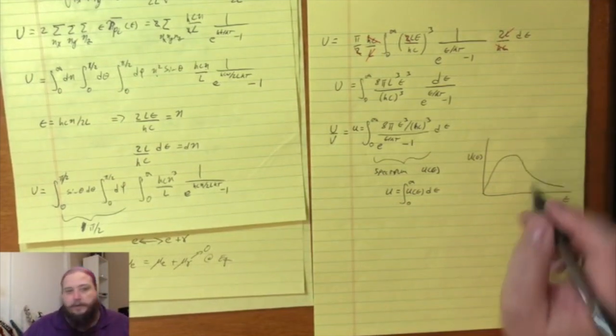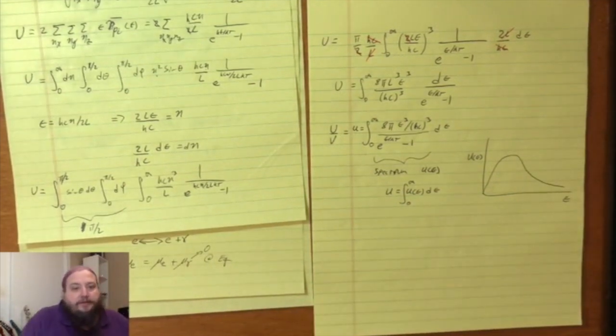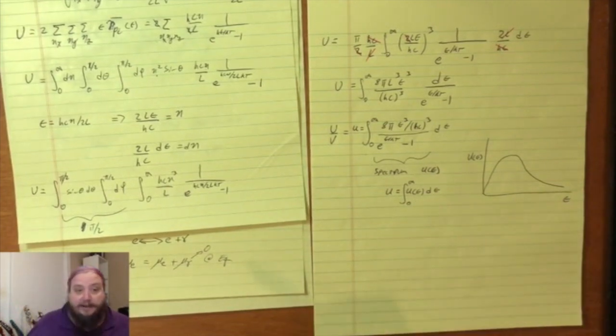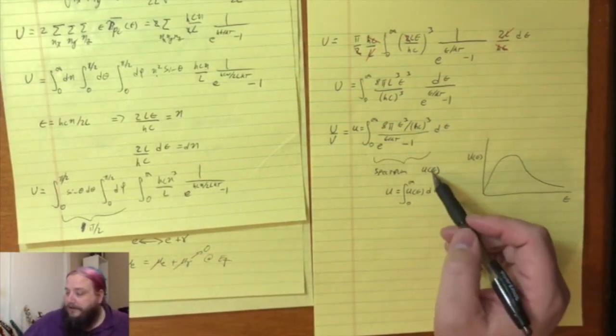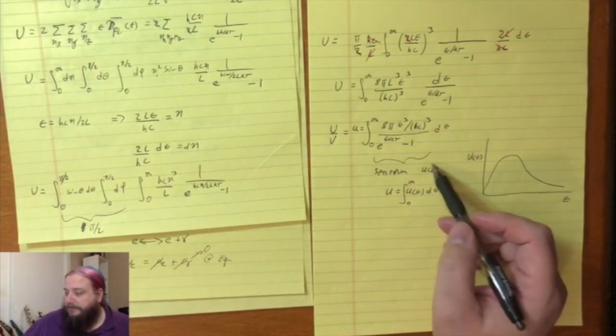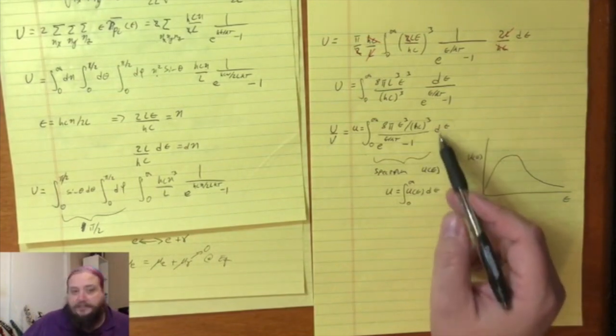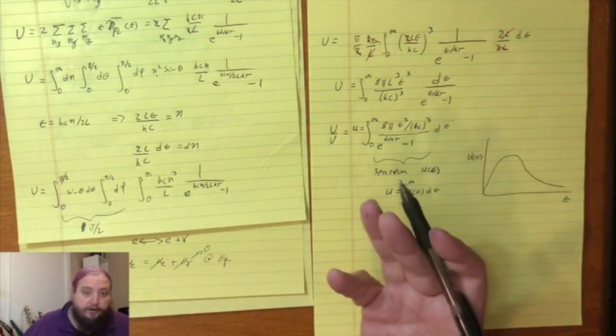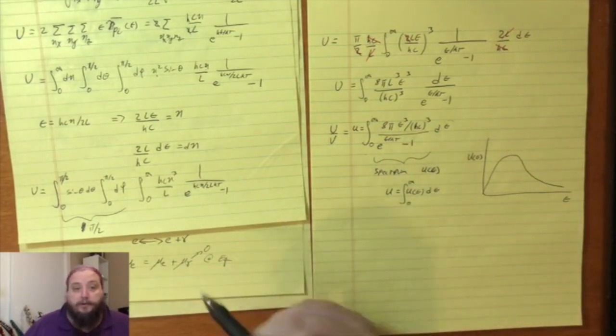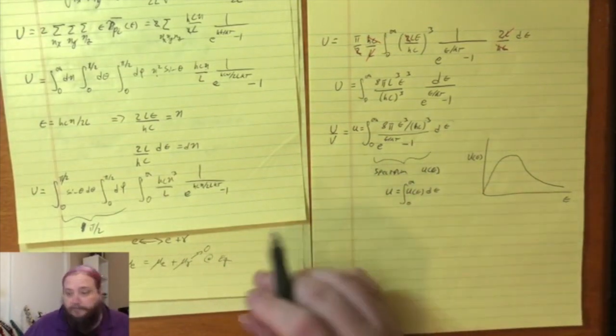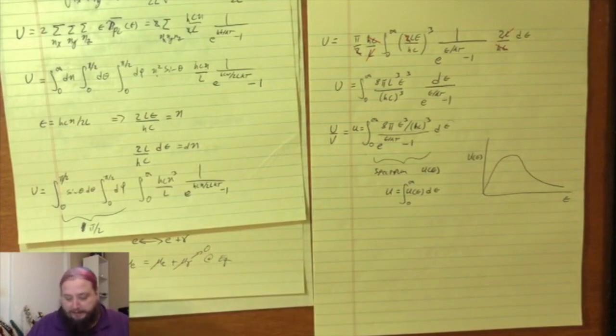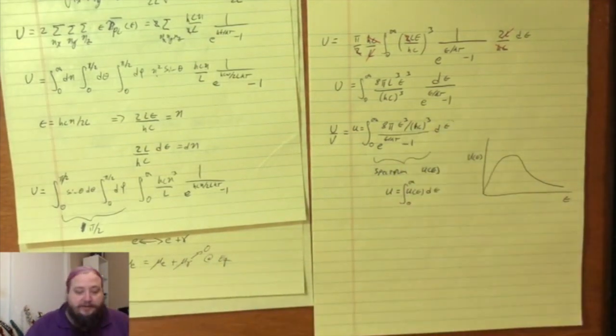So you could think of this as the energy per frequency or the energy per wavelength, or in this case it's the energy per energy. It's a relatively simple conversion to convert per energy to per hertz, or to per centimeter for wavelength or something like that. So this quantity in here is essentially the spectrum.